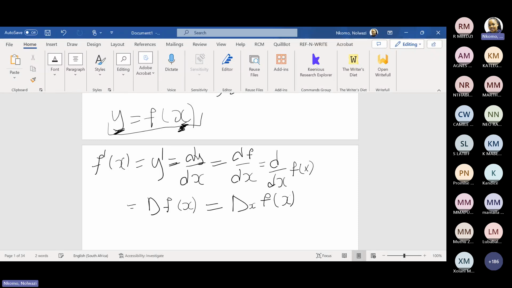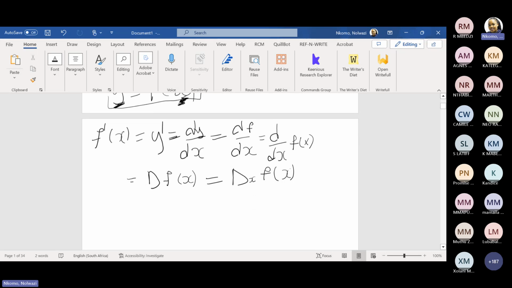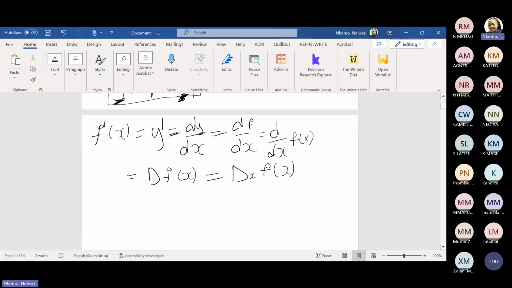Okay, this is just the derivative. So if you find something on the internet and they use this for the derivative, it's correct. Or you read a book and they use this notation, it's still correct. They are all notations for derivatives, right?